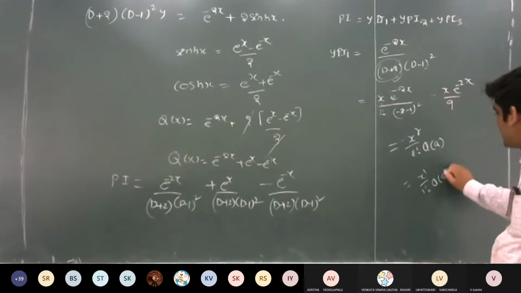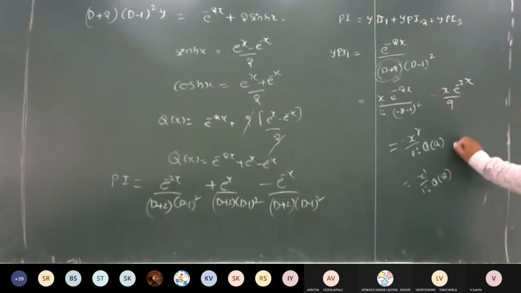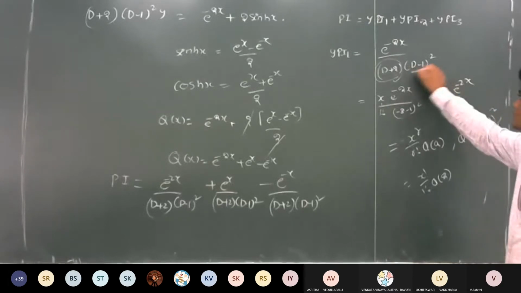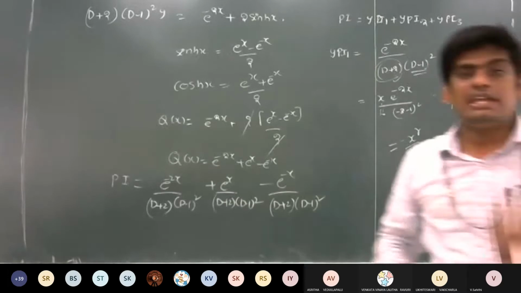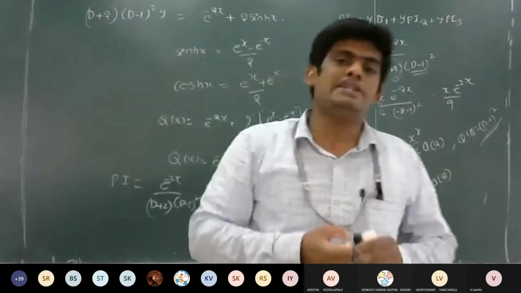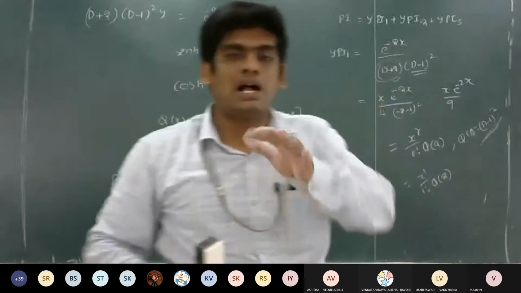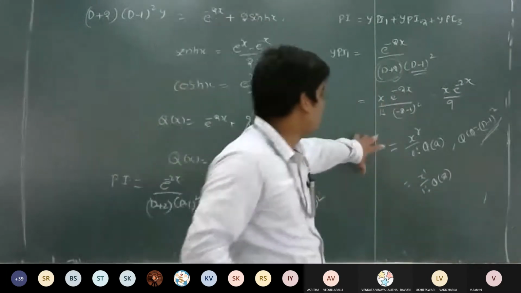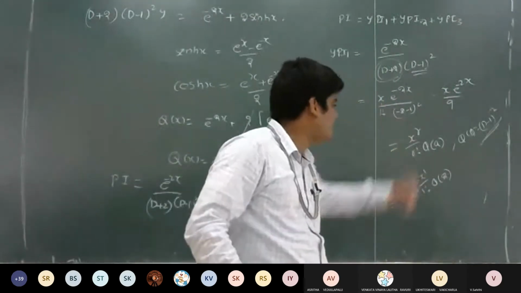Phi of a means a is 2. Here phi of d is equal to d minus 1 whole square. That means in f of d, the non-zero factor at d equal to a is called phi of d. So you can simplify in this manner also.